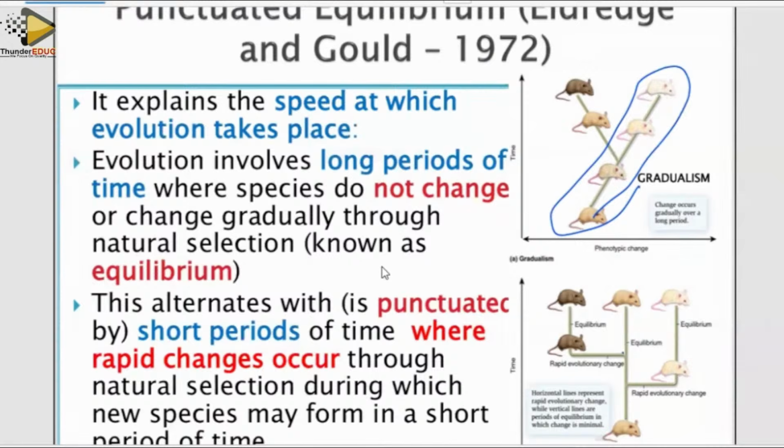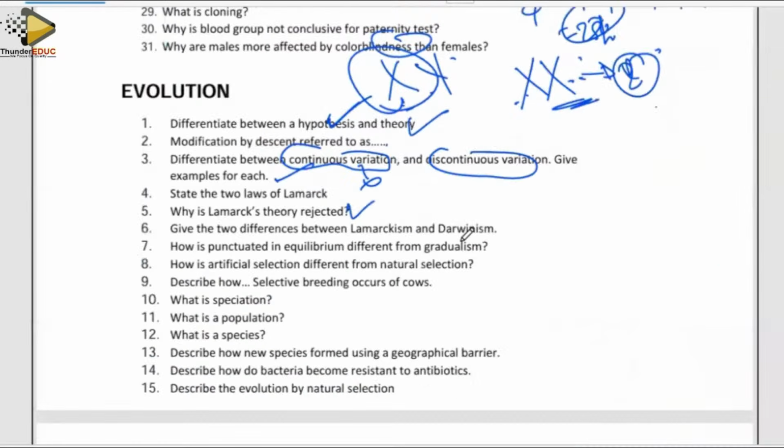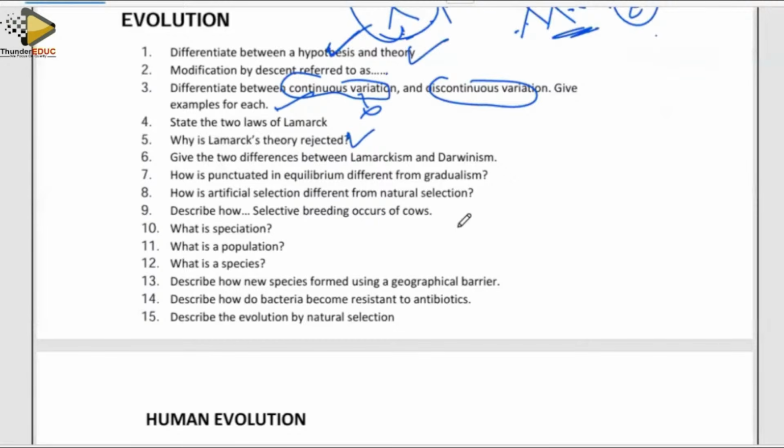So the change is just drastic, turning from this to this. While here it keeps on changing, there are intermediates in between. Here there are no intermediates. You see?